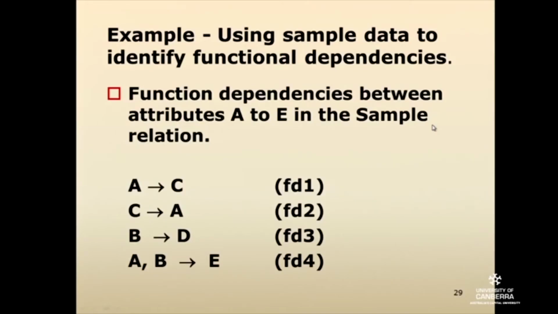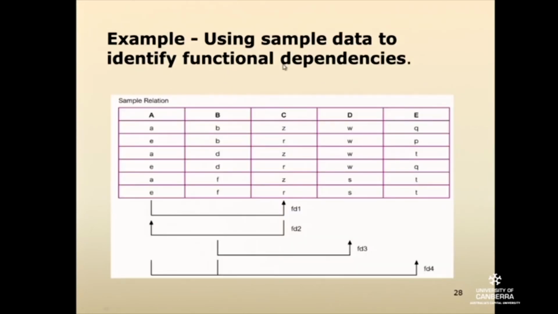But from that, you can write this. A determines C, C determines A, B determines D, A and B determine E. And that's what I told you. This arrow says A determines C, C determines A. You see the arrow? B here determines D, and A and B determine E.